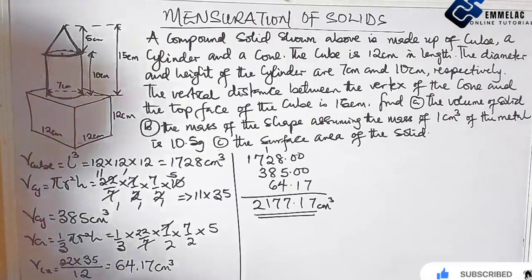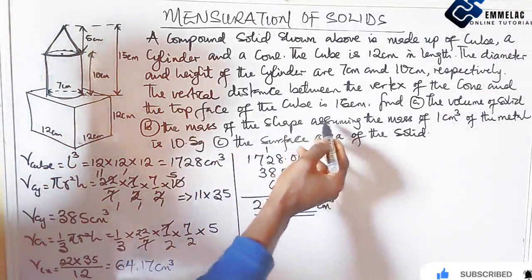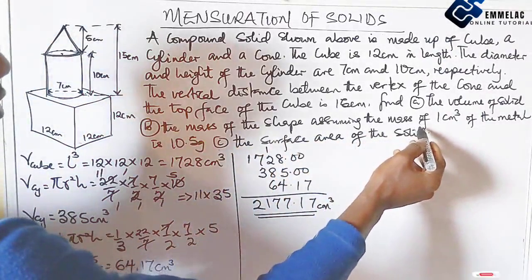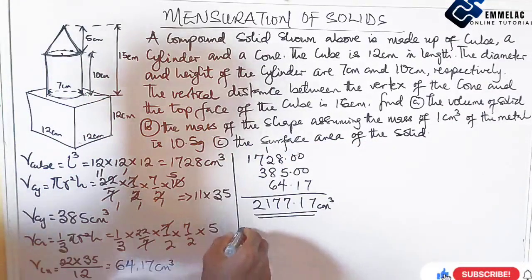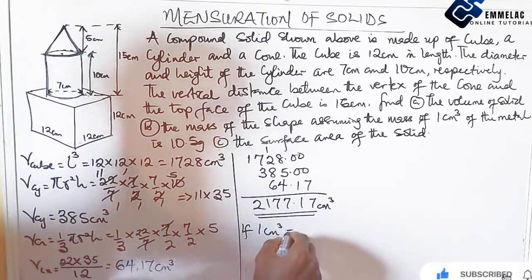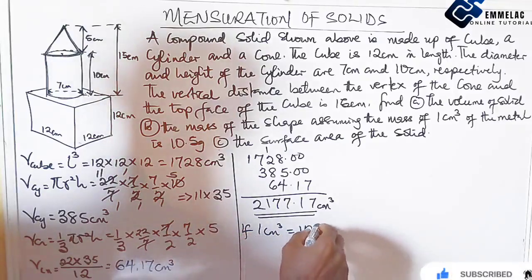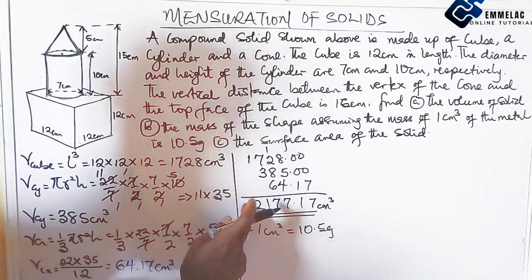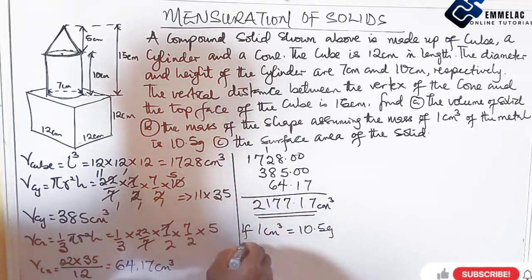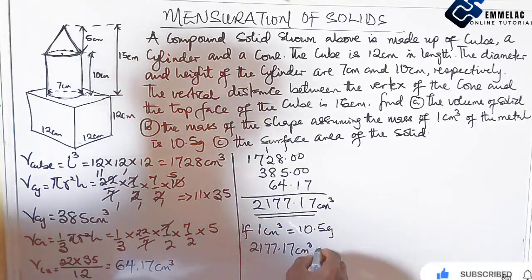Now for B, the mass of the shape, assuming the mass of 1 centimeter cube of the metal is 10.5 gram. So if 1 centimeter cube equals 10.5 gram, and this is the total volume of the compound solid, then 2177.17 centimeter cube will give X gram.